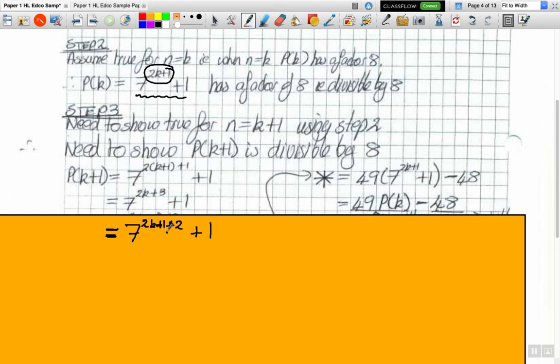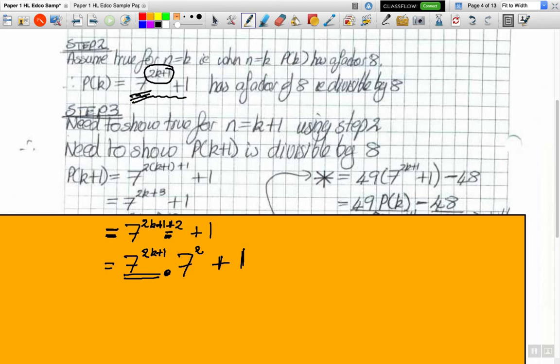Now we know, according to the law of indices, that when we have a plus 2 there, we're using the multiplication law. So that's going to be 2 to the k plus 1 multiplied by 7 to the power of 2 plus 1. So we've got this part of the problem sorted.